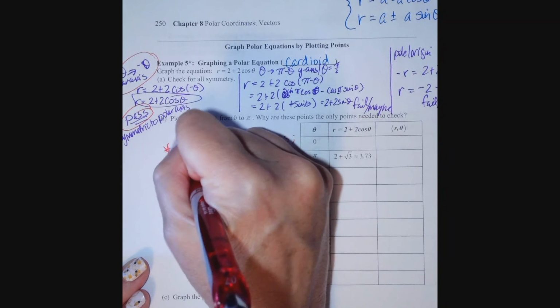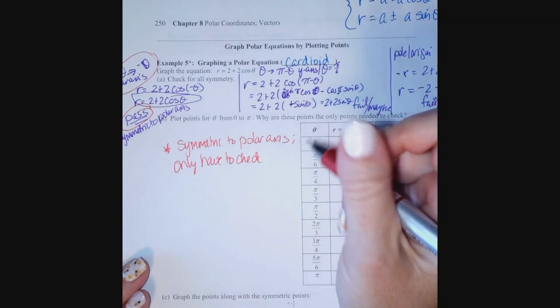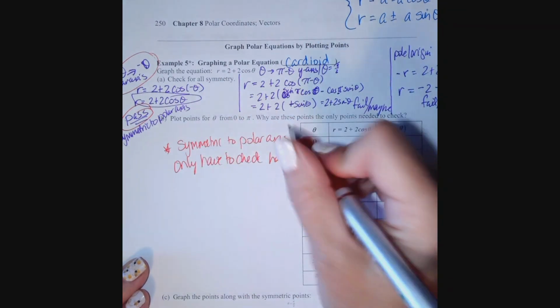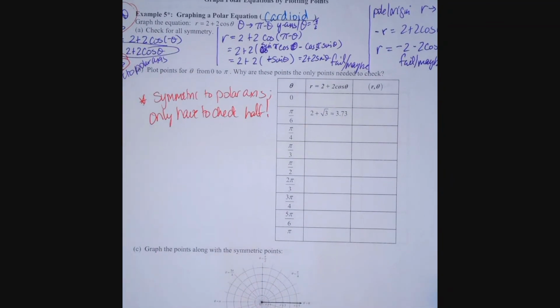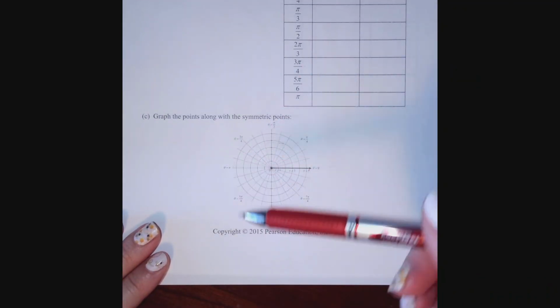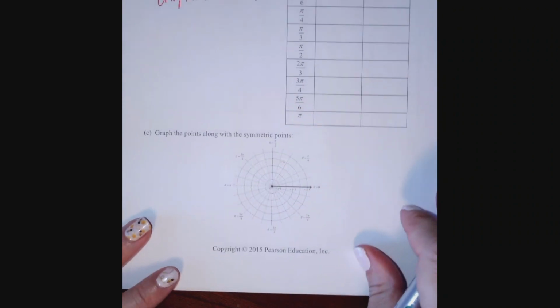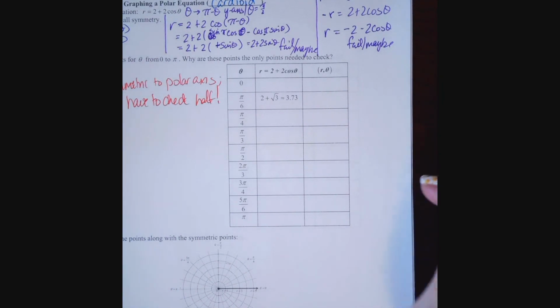So I only have to check 2 quadrants, or half the rotation. That saved me from a lot of work because of that symmetry. Once I've checked every value from 0 to pi, I just reflect that across the x-axis. Okay, so let's think about what our points are going to be that we are going to graph.